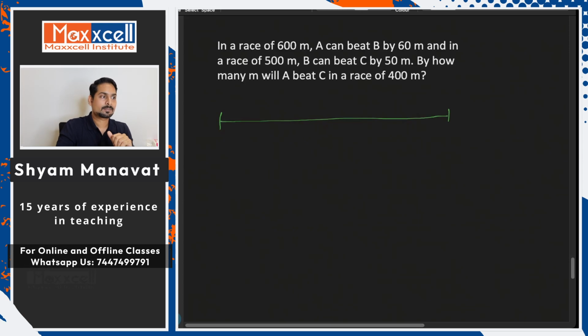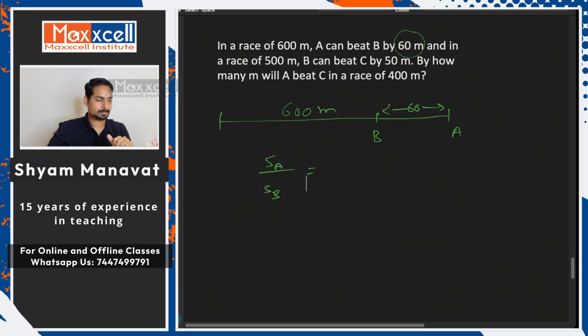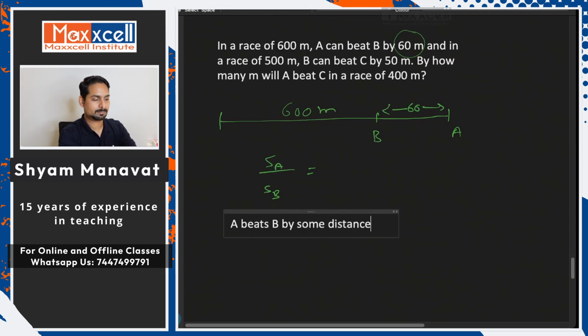Look at this. In the first case, a 600 meter race, A beats B by 60 meters. So B is here, A is here, distance is 60 meters. So can I say speed of A by speed of B? When A beats B by some distance, what do we say?